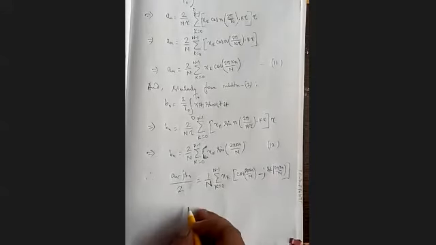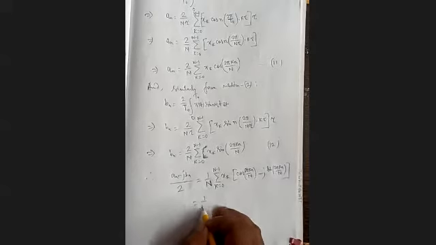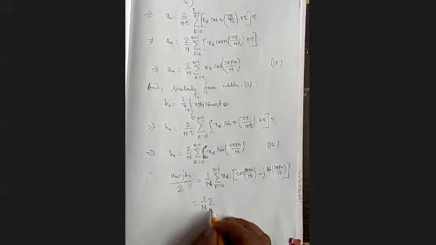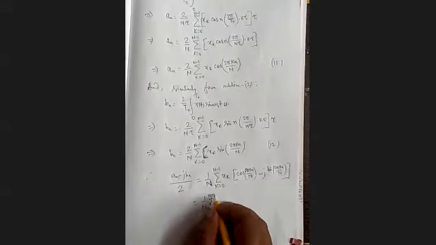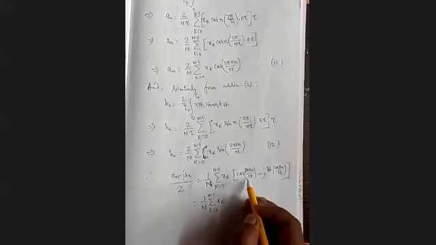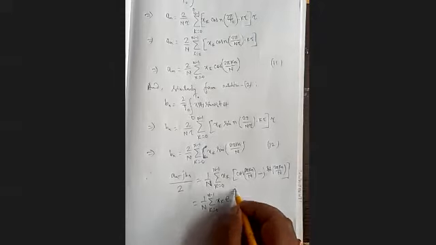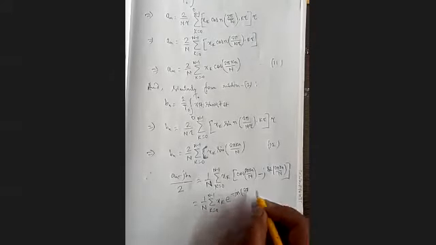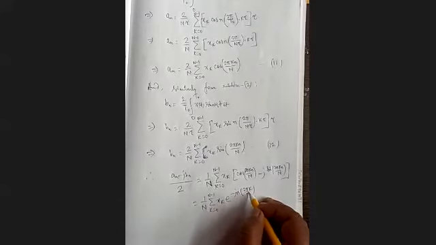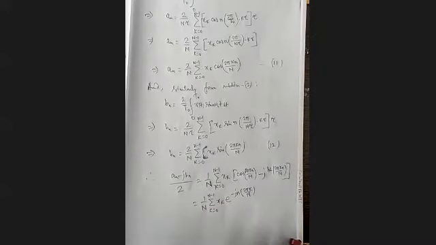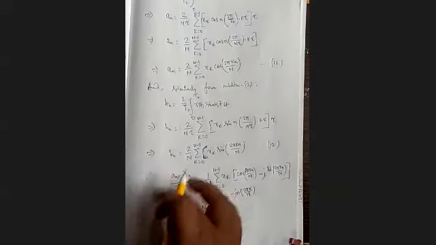Clear? Or we can write 1 by N summation k varying from 0 to N minus 1 xk, cos theta minus j sin theta is e to the power minus j theta. So e to the power minus jn 2 pi k by capital N. But this is what?